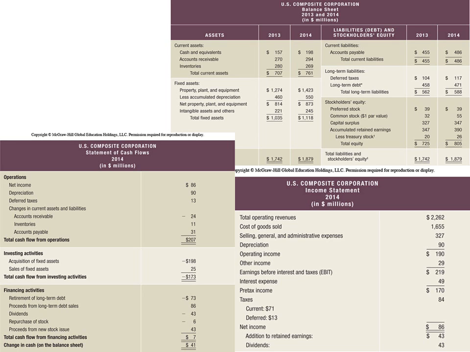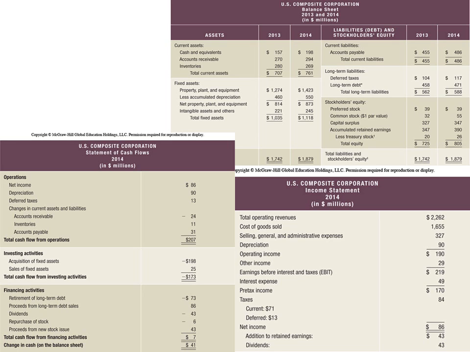And so let's take a look here. Our statement of cash flow says that accounts receivable has consumed $24 million in cash. Now, accounts receivable is an asset account, and we said when asset accounts go up, they consume cash. And we can see here that accounts receivable went from $270 to $294, and thus consumed $24 million in cash.